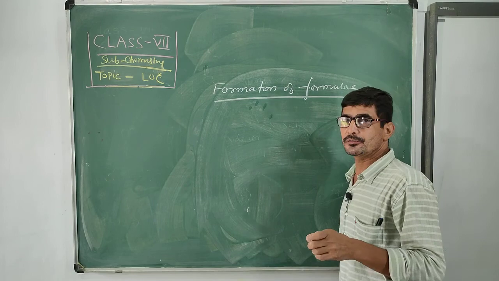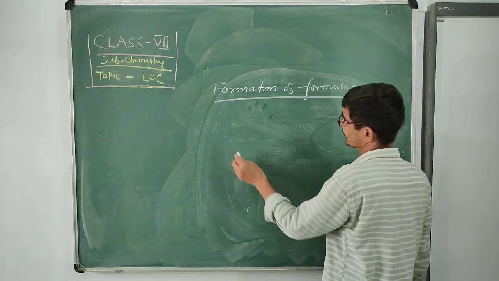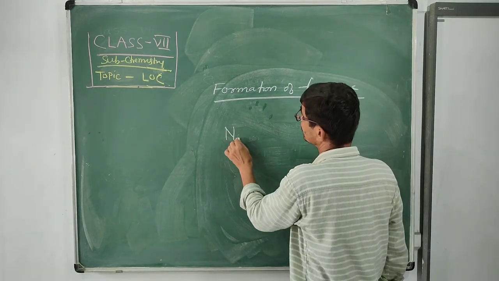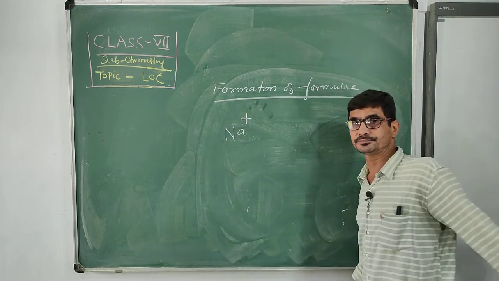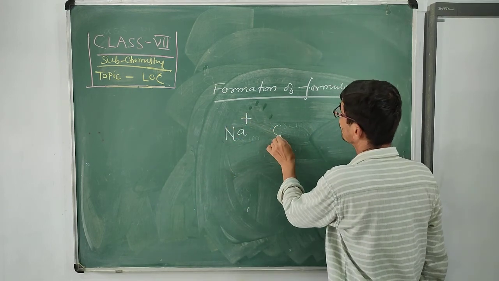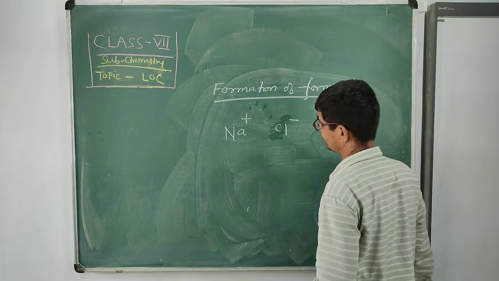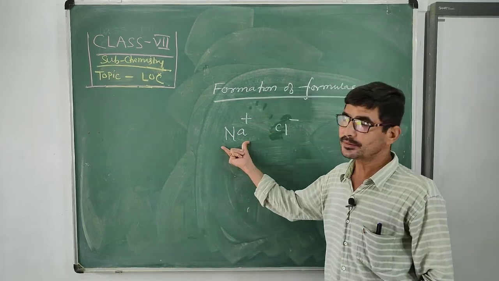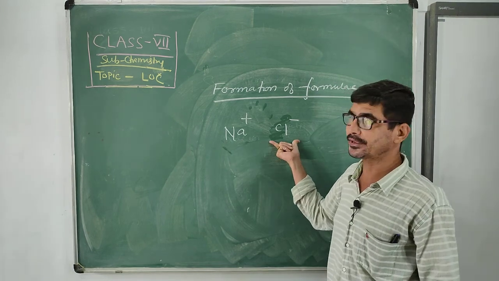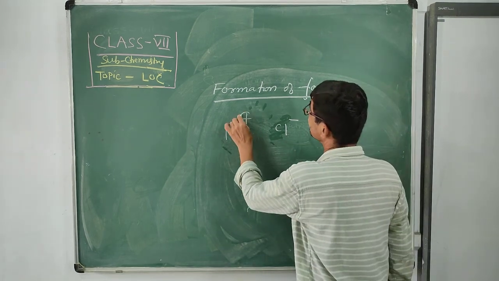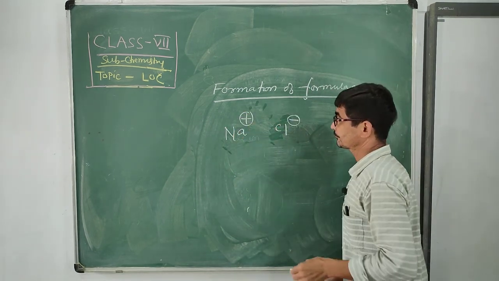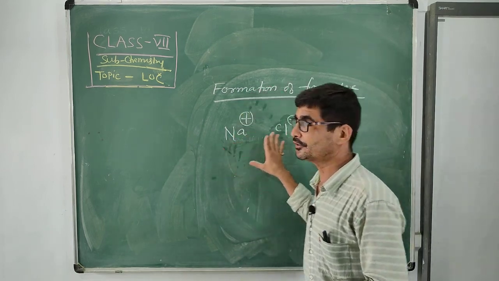Now I am just going to explain with the help of examples. This is called sodium ion. Now it is called chloride ion. One is a simple basic radical, another is a simple acid radical. Charges are opposite: it has one positive charge, it has one negative charge.